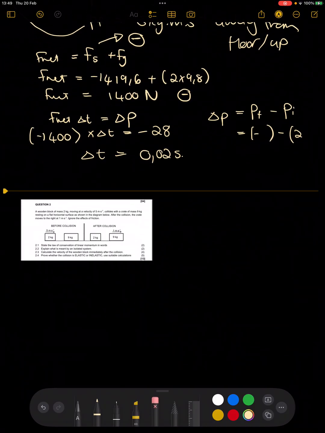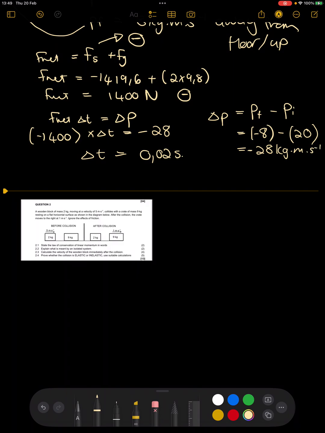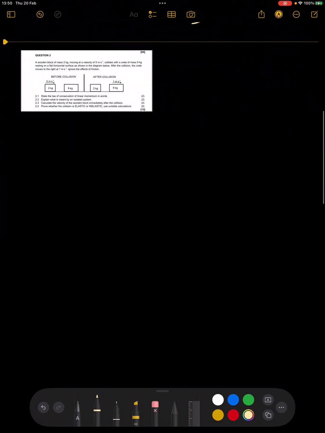My final momentum was negative 8 and my initial was 20. So because of the signs that I had to take into account, it was negative 28 kg·m/s. All right, so the total amount of time taken was 0.02 seconds. All right, in the next question, we have a wooden block.